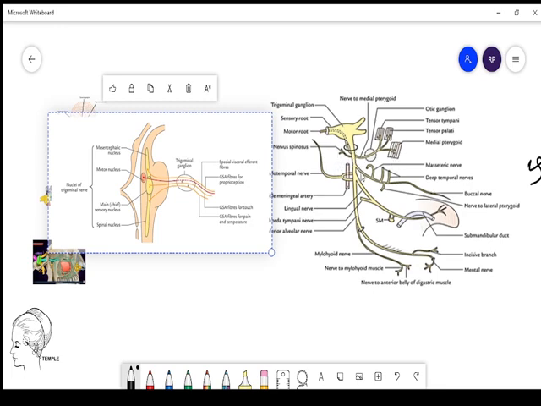Now the mandibular trunk divides into anterior division and posterior division. First I will explain the anterior division.